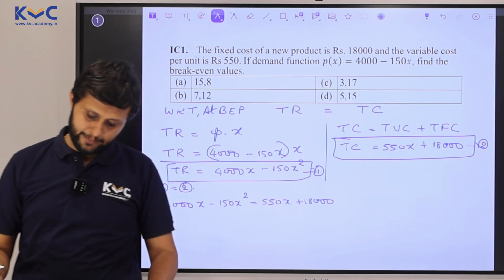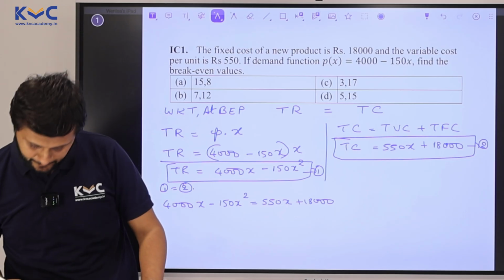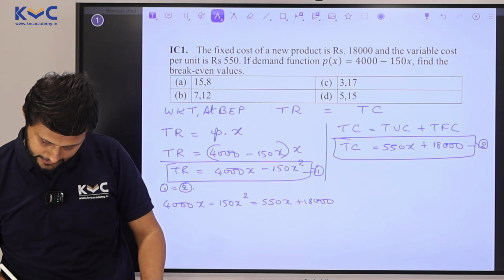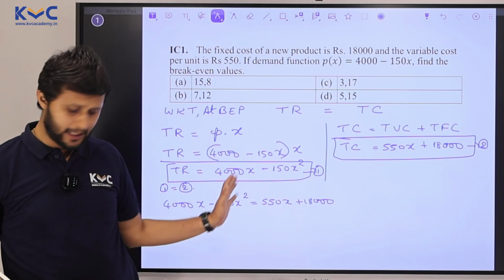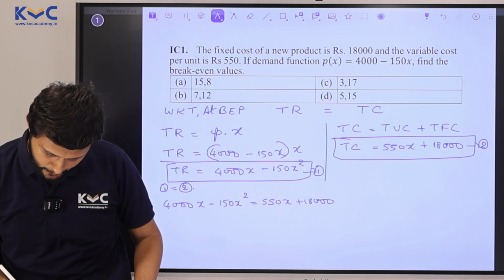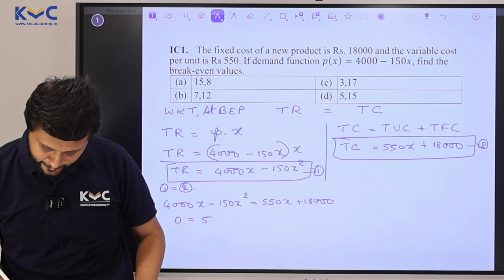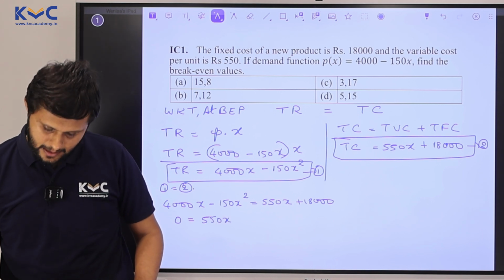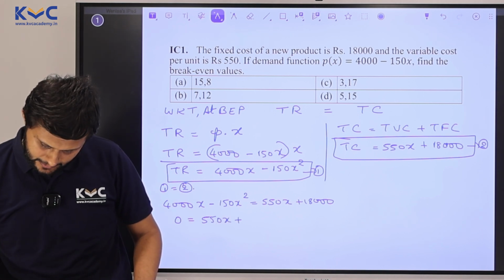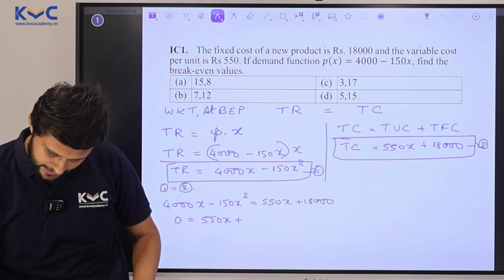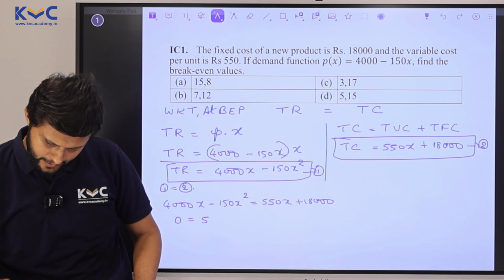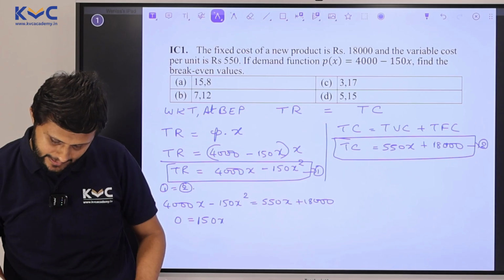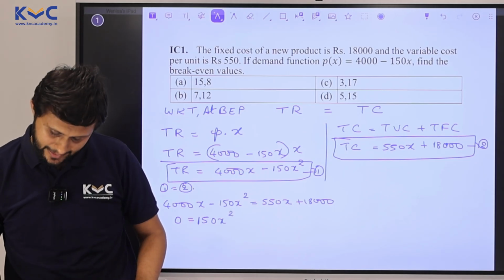Okay, I'll get everything on one side. I'll take the minus 1 to the other side, so we have 0 is equal to, I'll write the x square first. Okay, we'll take 150x square, fine, then we'll write x.